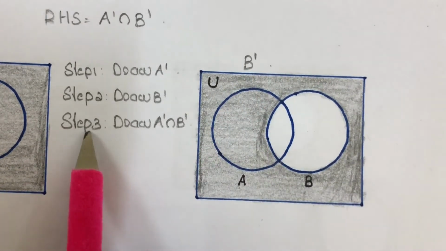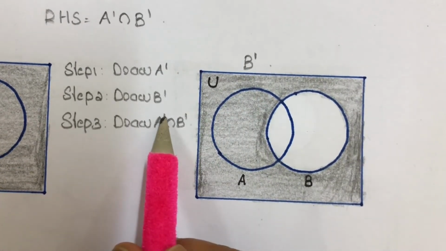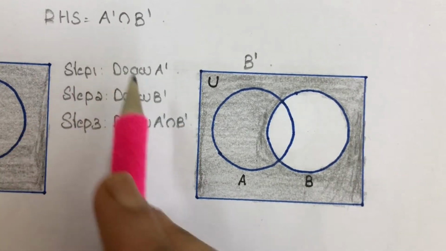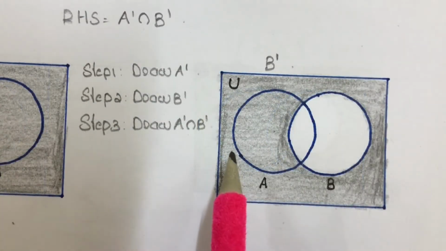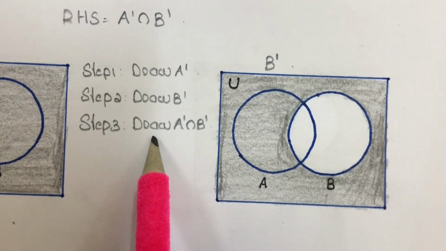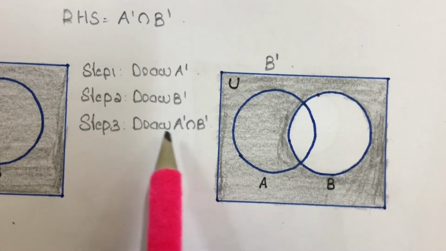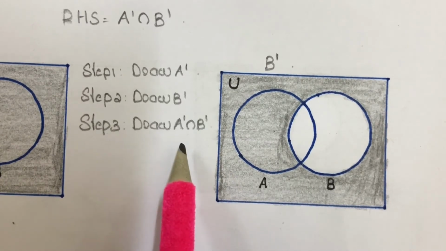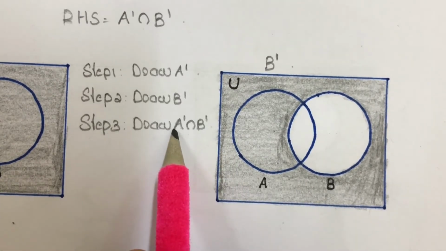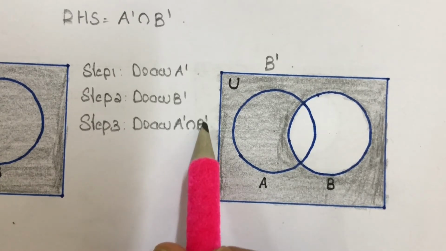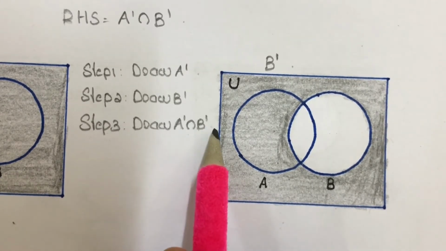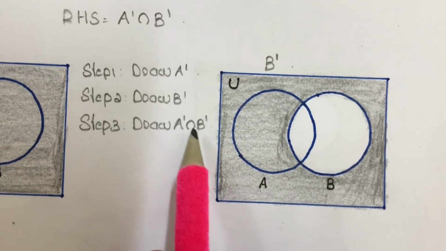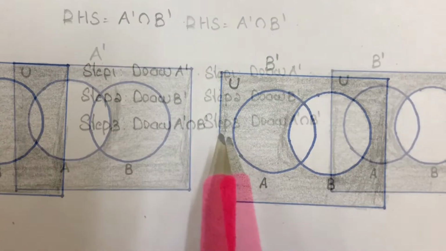Now step 3, draw A complement intersection B complement. That's our RHS. By definition, intersection of two sets means the set of elements in the universal set which are common in both A complement and B complement.